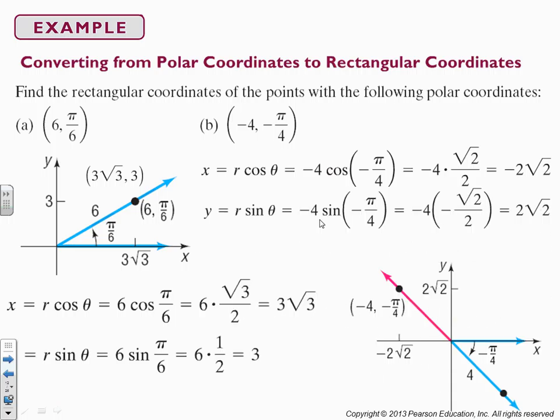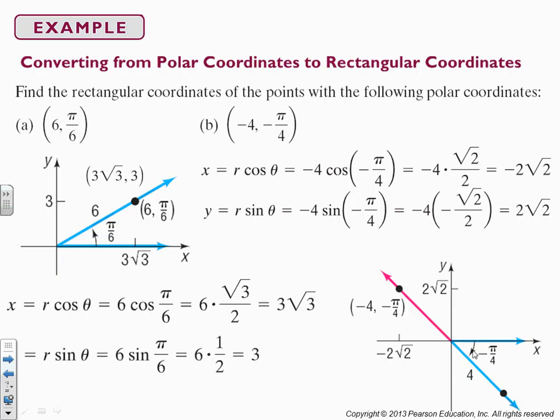Do the same thing for our y coordinate. R sine theta, we get -4 sine of -pi over 4. Here we are again in the fourth quadrant, where y values and sine values are negative. We have -pi over 4, we're out 4 units, but in this case we're taking the sine.